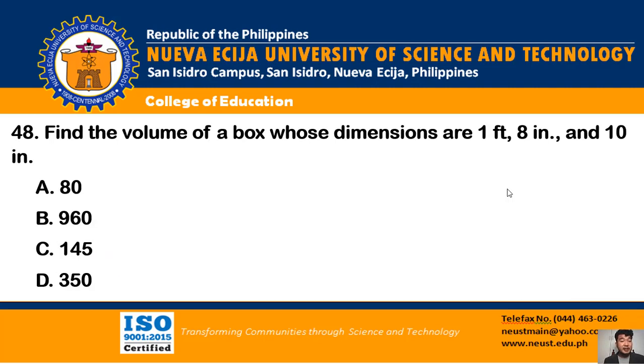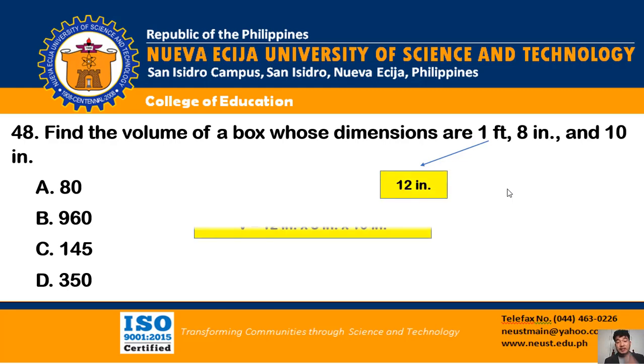Number 48. Find the volume of a box whose dimensions are 1 foot, 8 inches, and 10 inches. Letter A, 80, B, 960, C, 145, D, 350. So once again, the first thing that we have to do is to convert dimensions into the same units. 1 foot is equal to 12 inches.